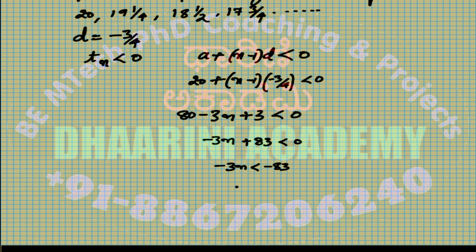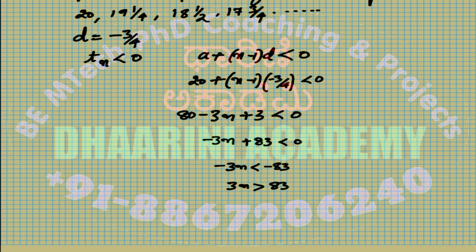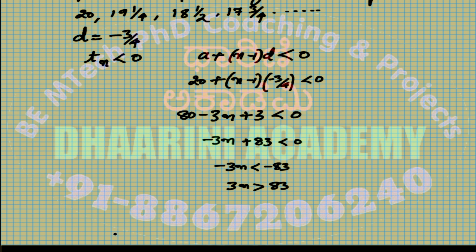So this means 3n should be greater than 83. That's a rule in mathematics. If it is equality, no problem, it remains as it is. But if it is less than, it becomes greater than, or if it was greater than, it changes to less than. That's one important step here.